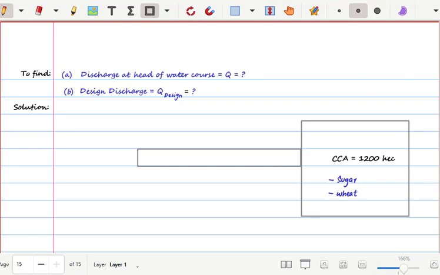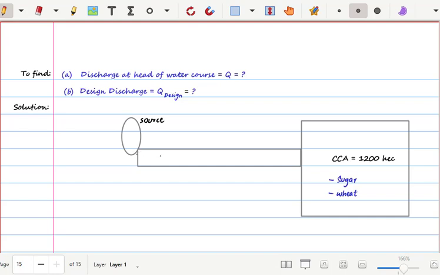Let's say this is our source, right? This will make things easier. This is our source from where we are getting water.